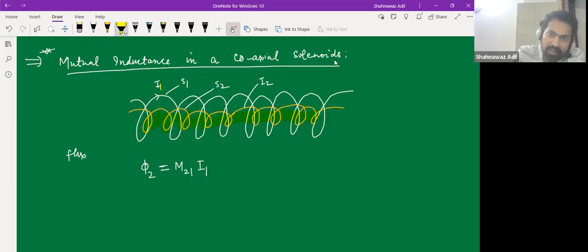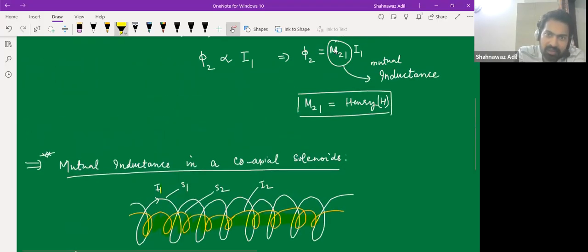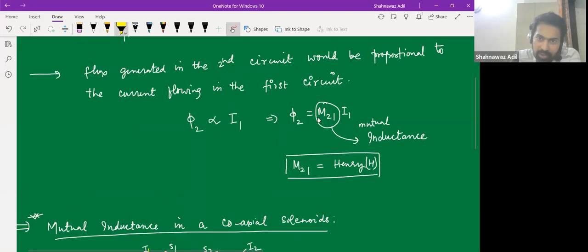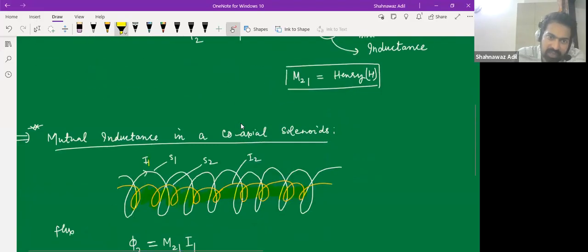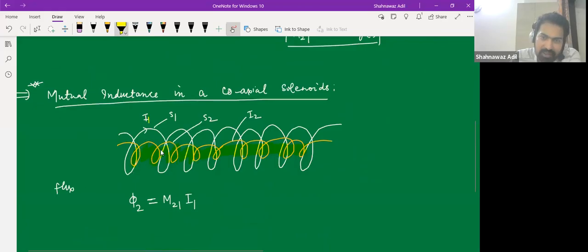Is that clear? And we know that flux is proportional to the current. So the flux generated in the coil due to this I1 current would be proportional to I1. Is this part clear, Aisha and Mariam?